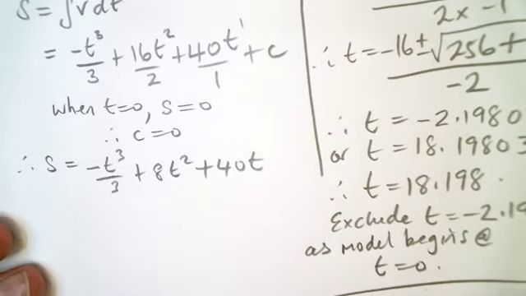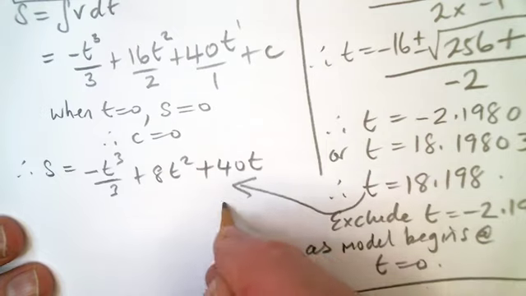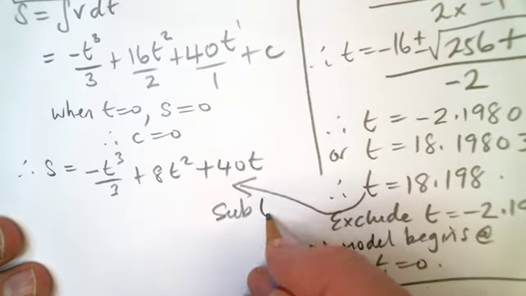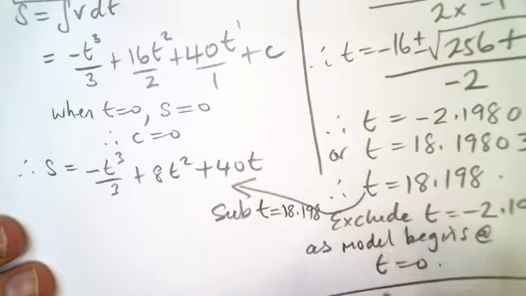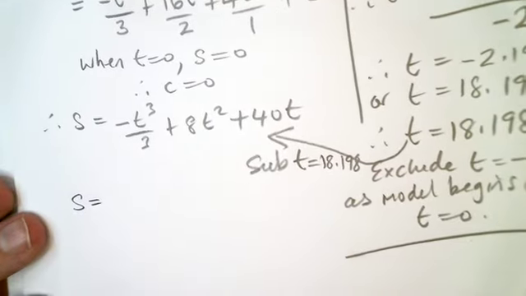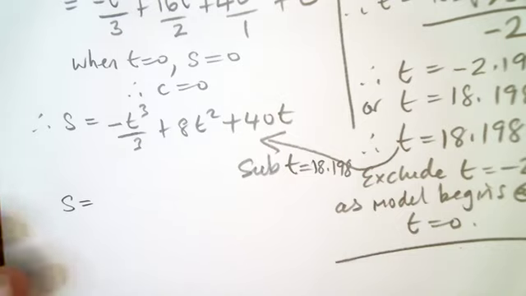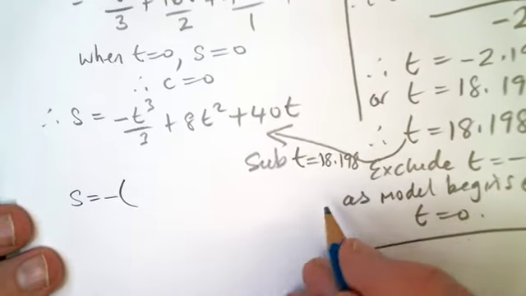Now what we're going to do is substitute this back into here. So sub t is equal to 18.198 into this thing here. So s is equal to, and I will do the whole thing and hope it works because there's a lot of stuff I've got to get in here.